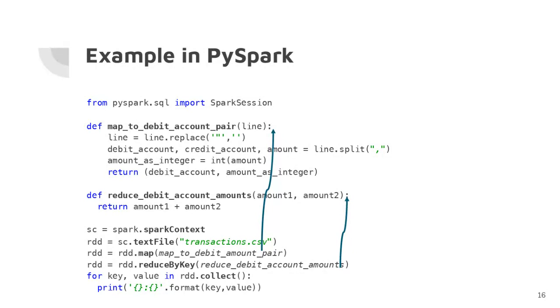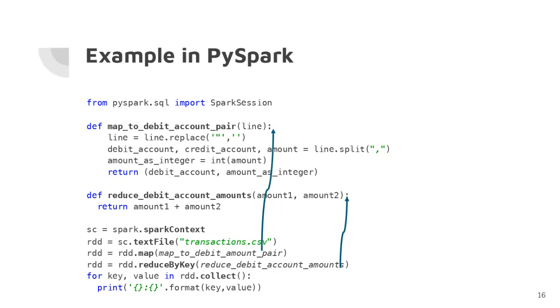And so the map function takes a line as input. It replaces this quote character, because you have a quote at the beginning and end of each line. Then it splits the string on comma, so you have three different values, and then the amount value you transform to an integer.